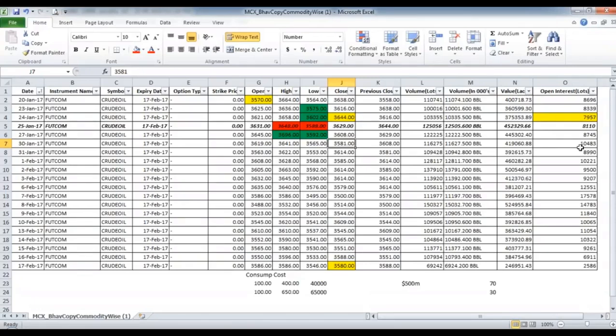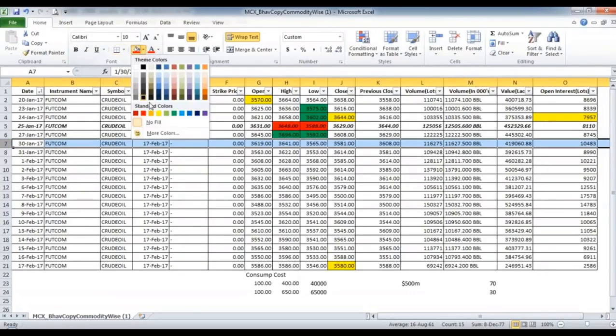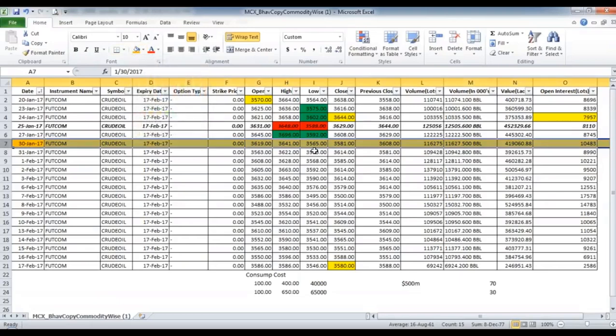Now, if it has gotten into a trend, what should happen now? What comes to your mind? It should start falling, right? Yes, sir. Okay. Now, from this area, this is 3641, right?